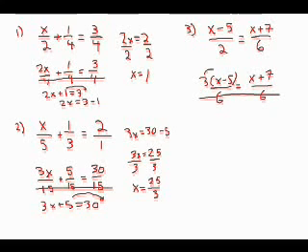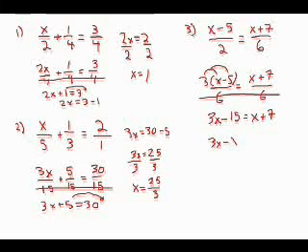So now we can go ahead and simplify. Do our distributive law there. 3 times x is 3x. 3 times minus 5 is minus 15. On the right-hand side, we still just have x plus 7. We bring all our x's to one side. That 3x stays the same. Bring positive x over to the left-hand side, it becomes minus x.